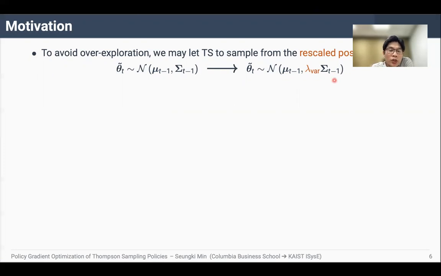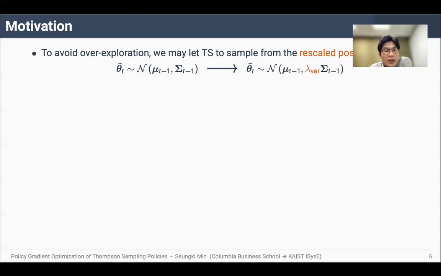This is to control the degree of random exploration the algorithm will conduct. So if this lambda is chosen to be 1, it will reduce to the standard Thompson sampling. And if we take lambda smaller than 1, the resulting algorithm will perform less exploration than standard Thompson sampling would do.